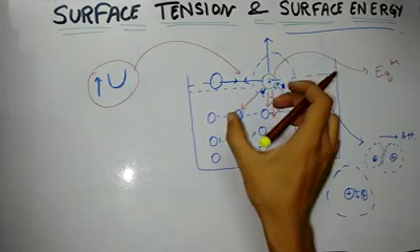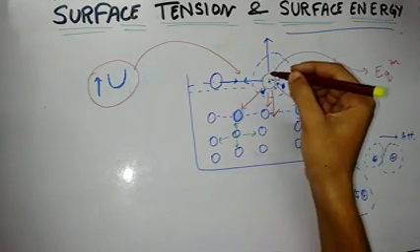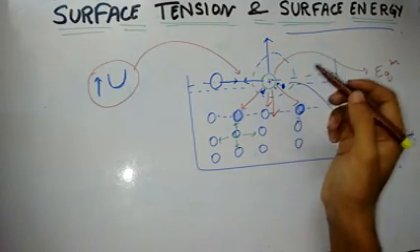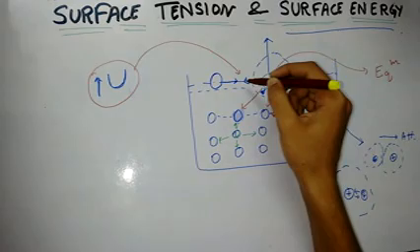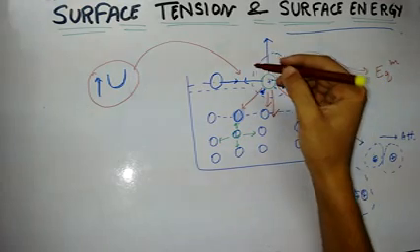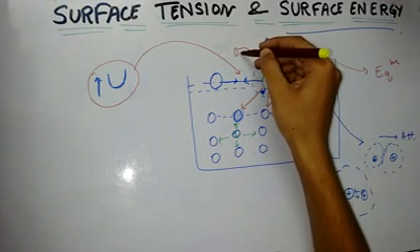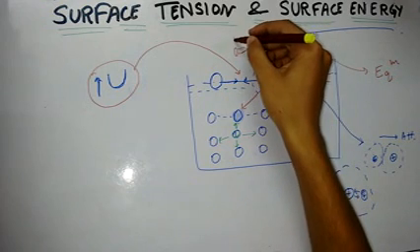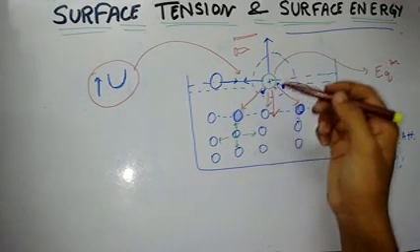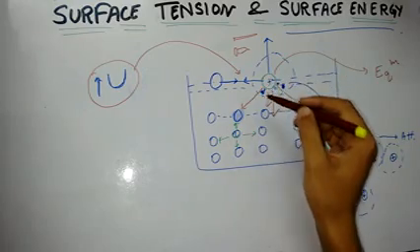The force of attraction is so much that, in the case of molecules, I don't know about Romeo or Juliet, but in the case of molecules, there is such a high force that even a nail or a needle will float over it because of that surface tension.